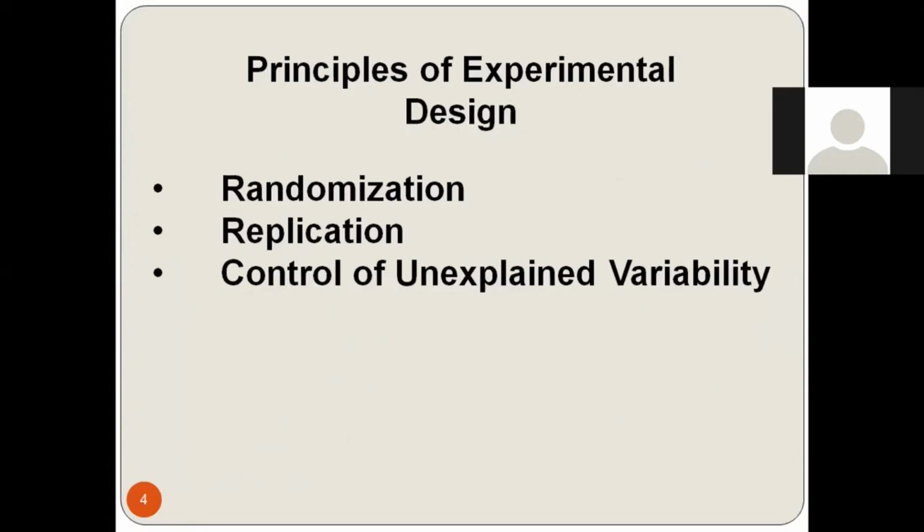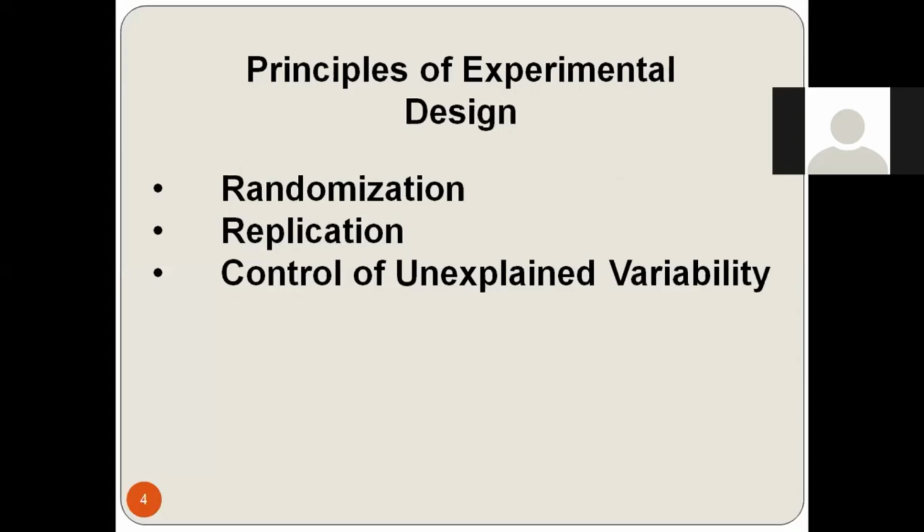Randomization and replication. So randomization is done, why is it done? It is to get the unbiased estimate. We always get the estimates, right? We don't know what is the actual value, but we estimate.